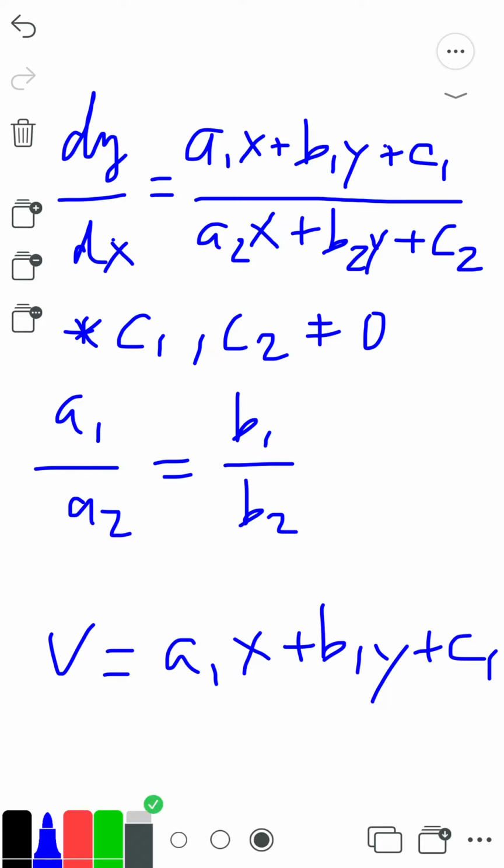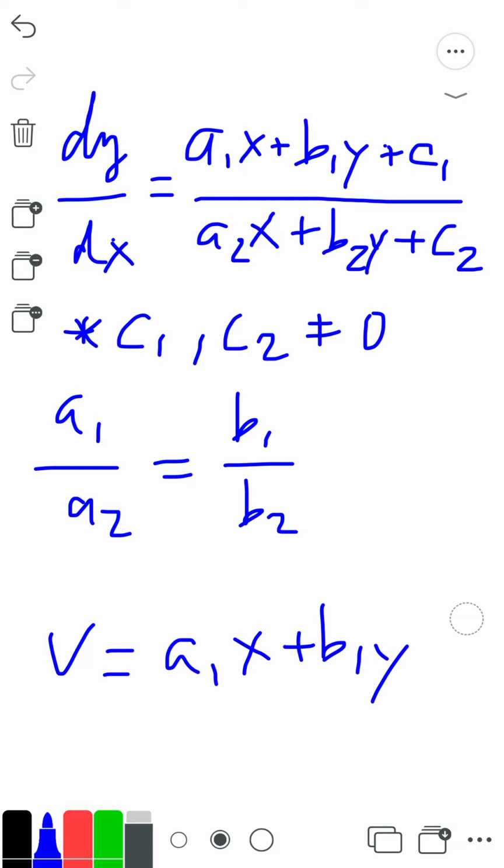Oh, no, not that. Wait, what was the trick for this? I kind of forgot. Oh, right. For this case, when a1 over a2 is equal to b1 over b2, we substitute v is equal to a1x plus b1y, and then it will turn into a separable differential equation.